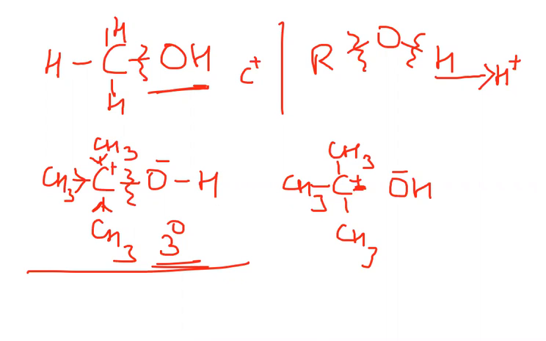But if the positivity of this carbon atom is kind of being lessened due to the electron pumping nature of the alkyl groups, then this carbon is happy because it is getting some electrons from within its own alkyl groups. So it will allow the oxygen to move out. That means it will allow the OH group to move out, and therefore this becomes a good leaving group compared to when it is attached to only a single carbon atom.